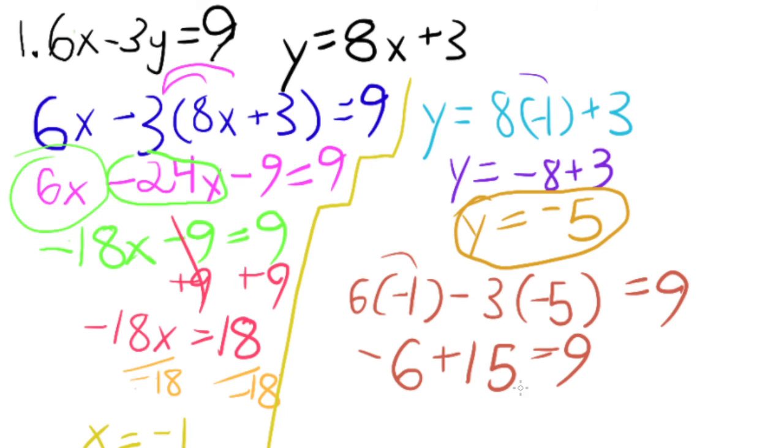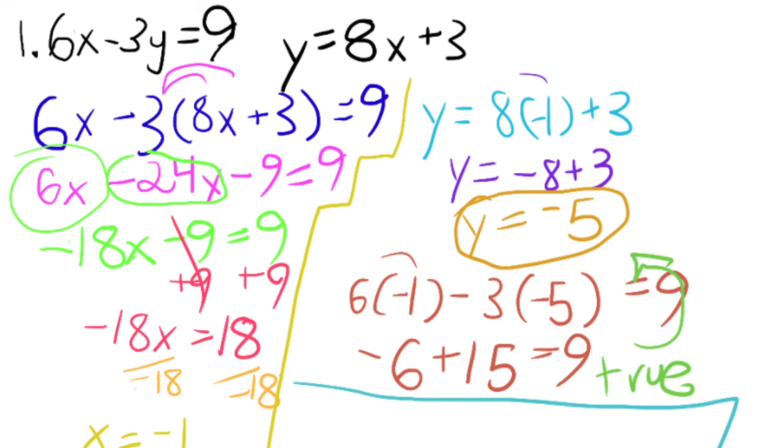So that confirms that the y does equal negative 5. That's what makes it true. That's a way to check. And then finally, just to get that extra reassurance, I'll just section off a little part down there, and we can just write in with both of our values, negative 5 equals 8 times negative 1 plus 3, which is true.